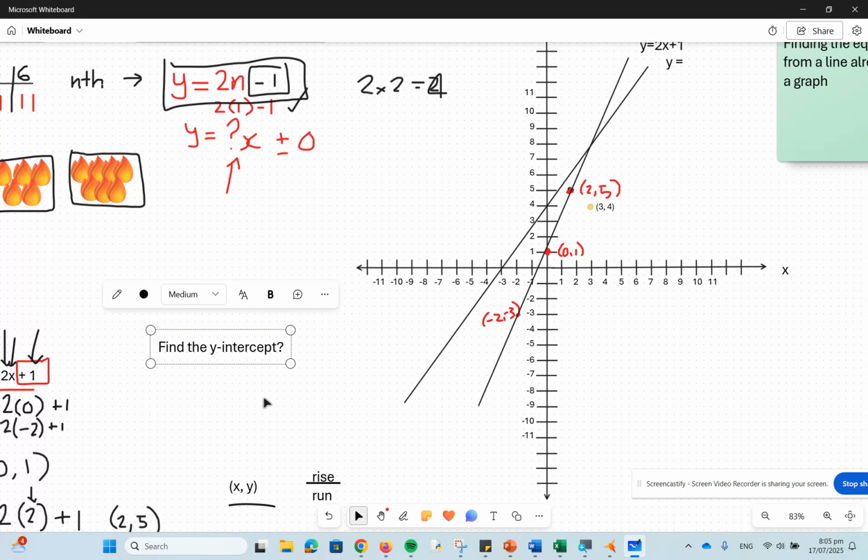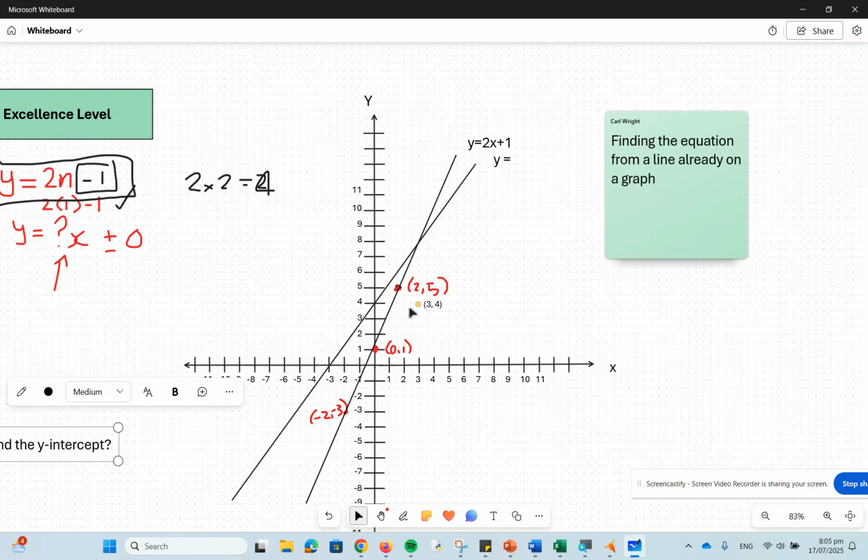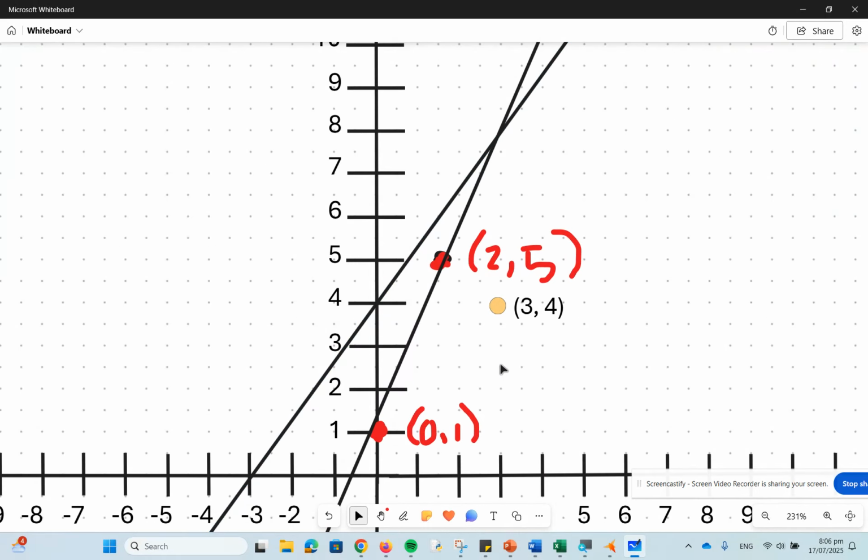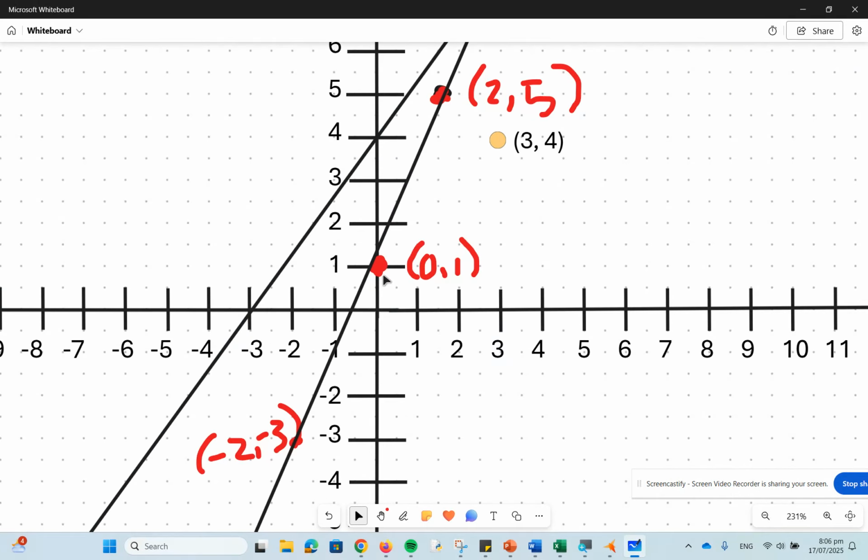Now the y-intercept is where the line crosses the y-axis. So if I look at that line, I can see my y-intercept is where it touches the y-axis and goes through at 0, because the y-intercept is always at 0 on the x, right in the junction, and then it's going to be either a positive number or a negative number.